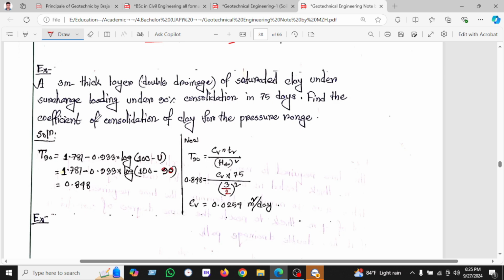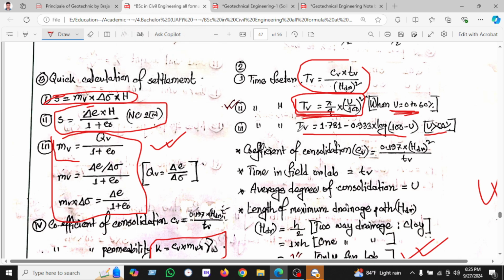Another example we have seen is a 3 meter thick double drainage layer. That means it will be h divided by 2, of saturated clay under surface loading at 90% consolidation. For 90%, the formula for TB will change, because 90% is greater than 60%.